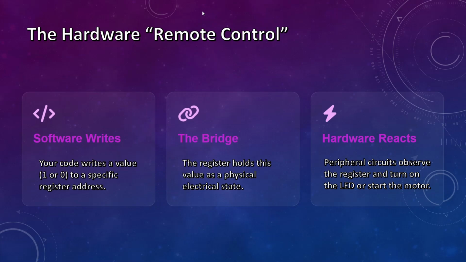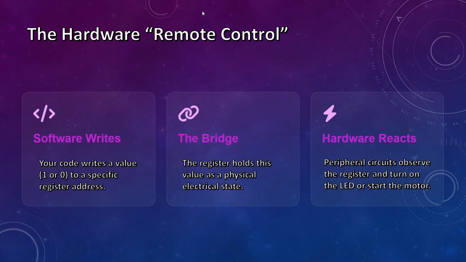Think about a TV remote. When you press the volume button, you're not directly controlling the speaker, you're sending a command. Something inside the TV receives that command and adjusts the volume. Registers work in a similar way. Software writes information into the register.